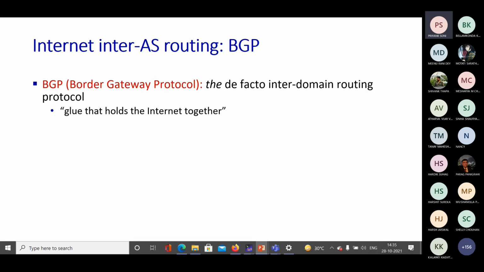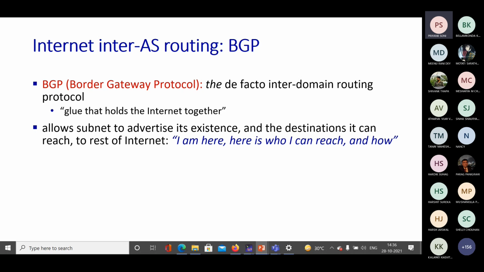In current scenarios, it is generally used as an inter-domain routing protocol and is also known as the glue that holds the internet together. So you have different ISPs. How do they communicate, or do routing between each other? That is done using BGP.